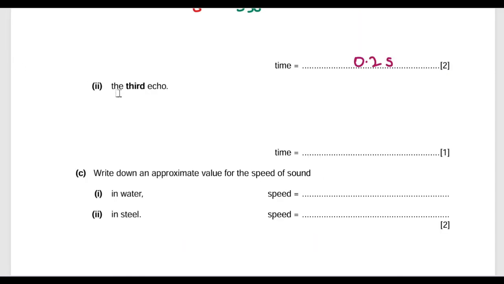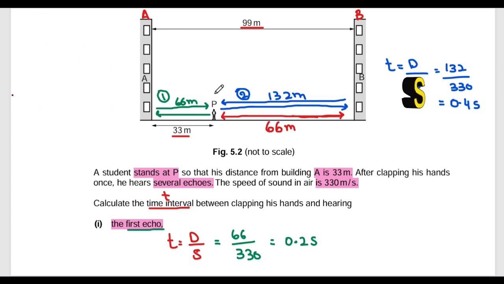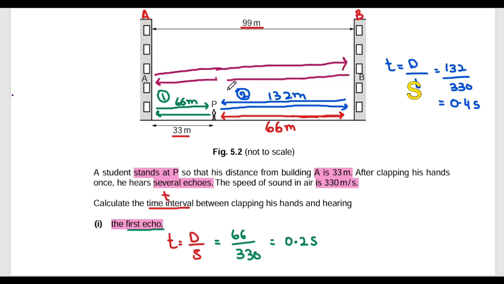So for the third echo, what's the scenario for the third echo? How will this person hear his third echo? The formula would be again the same. So for the third echo, the ray will travel from person to building A, then from building A to building B, and then will return back to the person again. So what is the total distance? 33 this side, 99 this side, and again 66 this side.